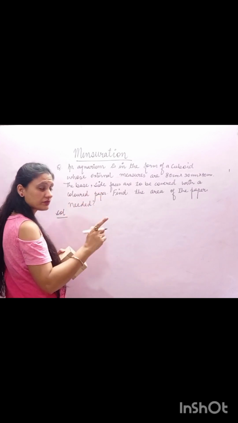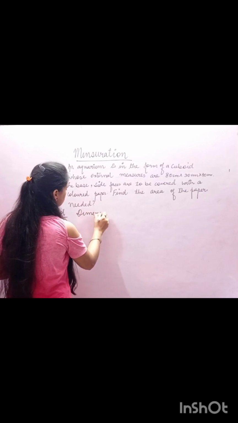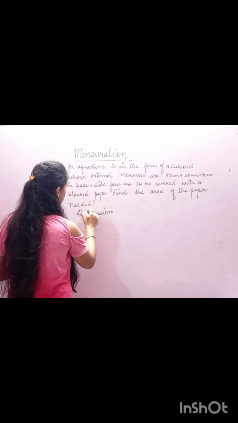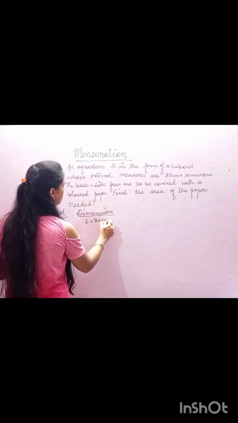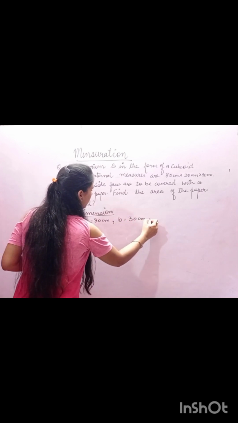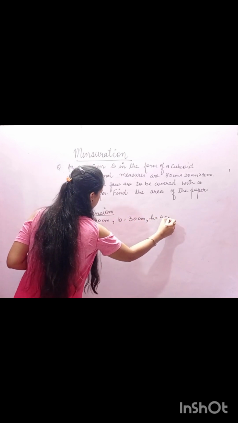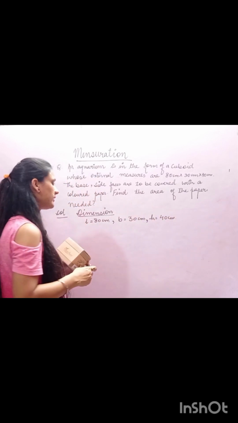First of all, you should write down the dimensions. Here the dimensions are: length is 80 centimeter, breadth is 30 centimeter, and height is 40 centimeter, right? These are the dimensions of the aquarium.